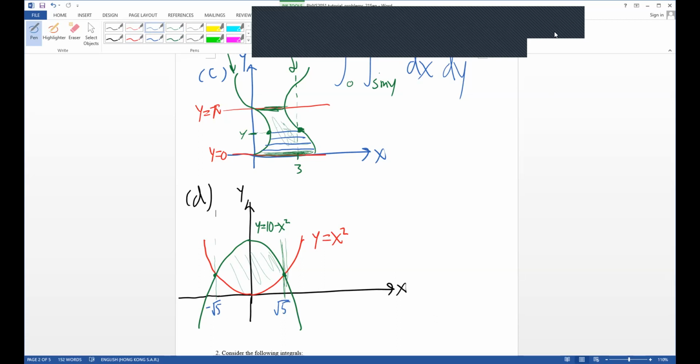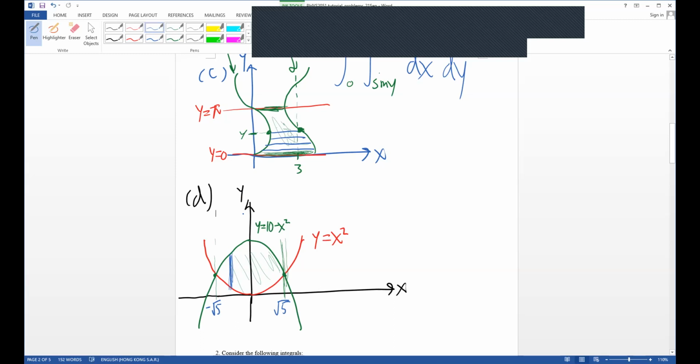So now if we want to consider the integral, again, you'll see that it's easier to consider the integration over y first.